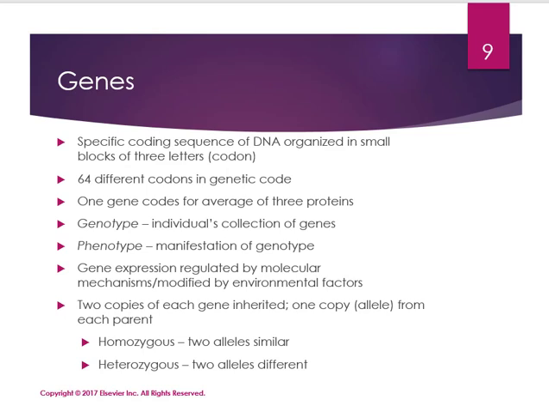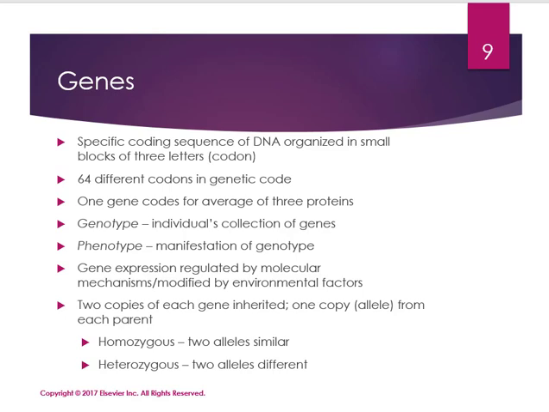So with genes, those offer the specific coding sequence of the DNA. There's 64 different codons in genetic codes, and then 1 gene codes for the average of 3 proteins. The genotype is the individual's collection of genes.